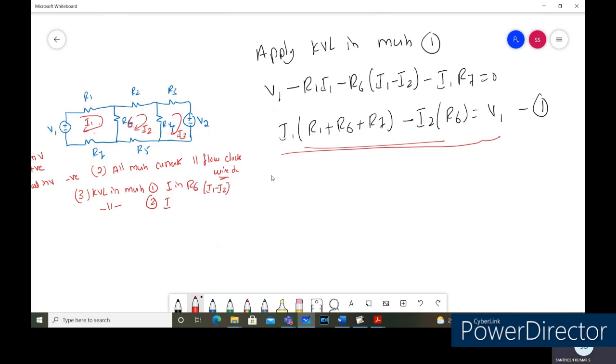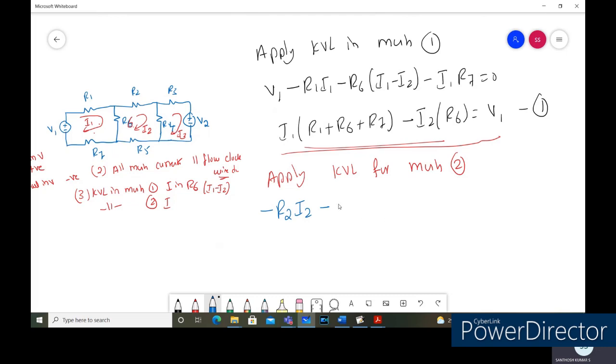Similarly, let us apply the KVL for mesh 2. So this is mesh 2 here. Let us start from R2. Since it's a drop across the resistance, it is minus R2 into I2, and the drop across R4.